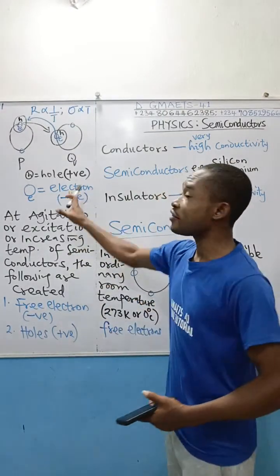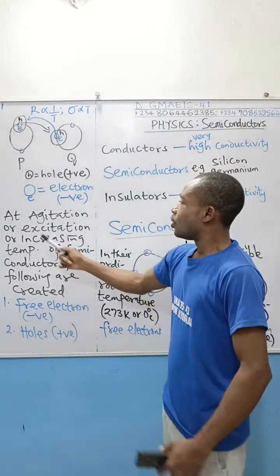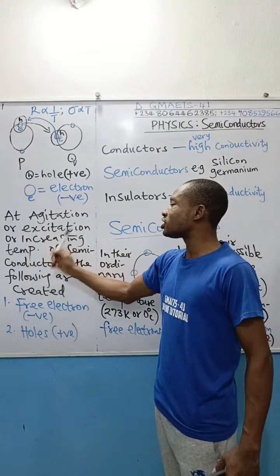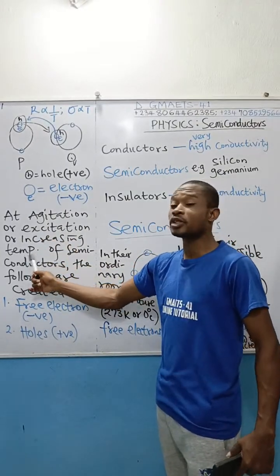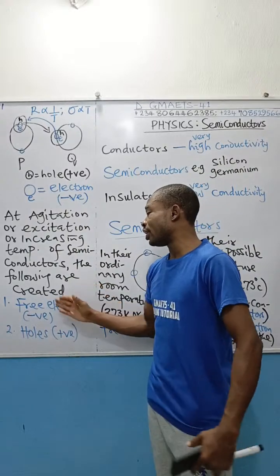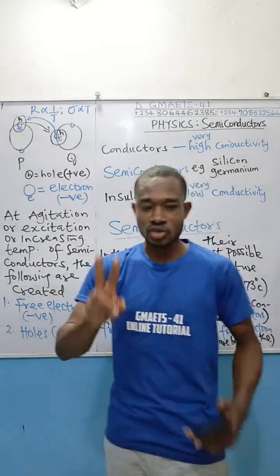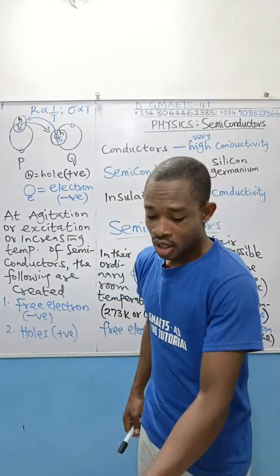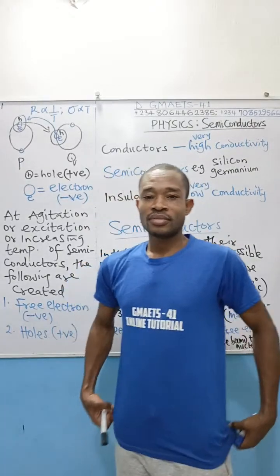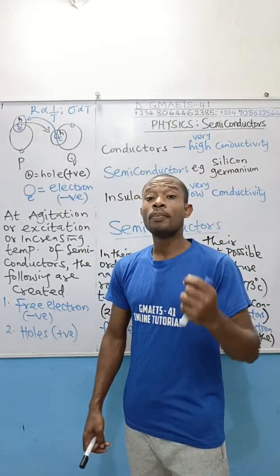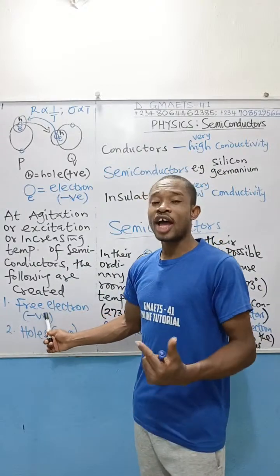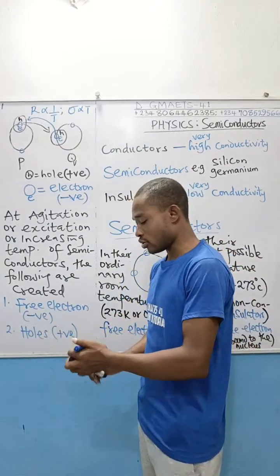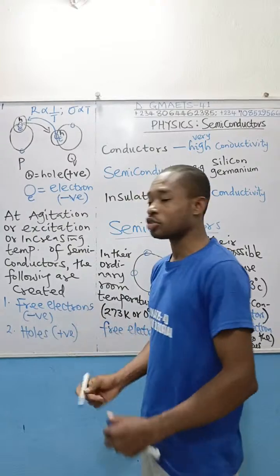All right. Having explained this concept, I now wrote something here. At agitation or excitation, or increasing temperature of a semiconductor, the following charges are created. There are two charges created there. One is negative, and the second is positive. The negative charges are called free electrons.